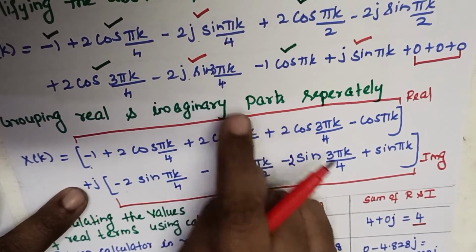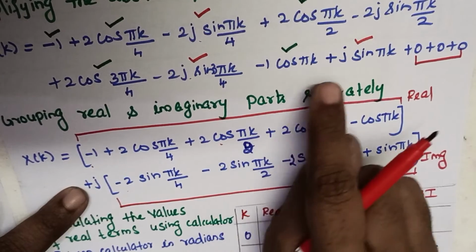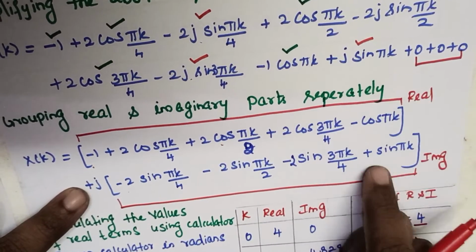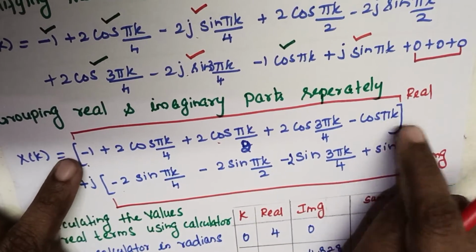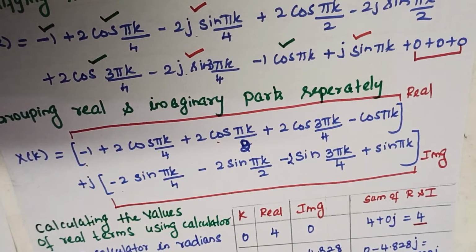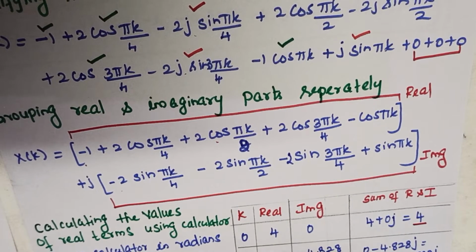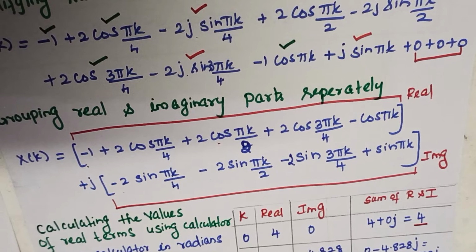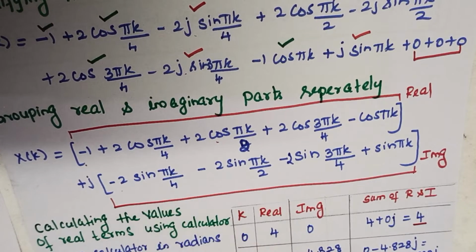Minus 2 sin 3 pi k by 4. We have written it here. Plus sin pi k. Now we have grouped all the real terms and the imaginary terms. Let's do it in a very simple way in our calculator by storing the real terms separately as an equation and the imaginary terms separately as an equation.